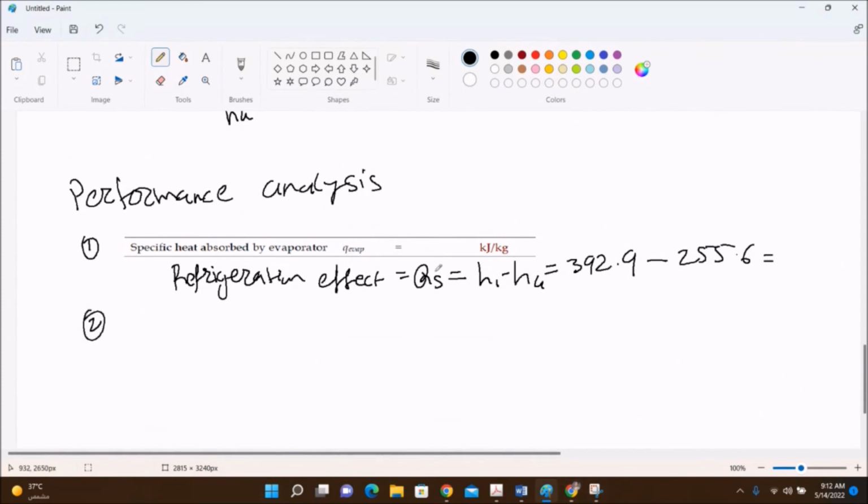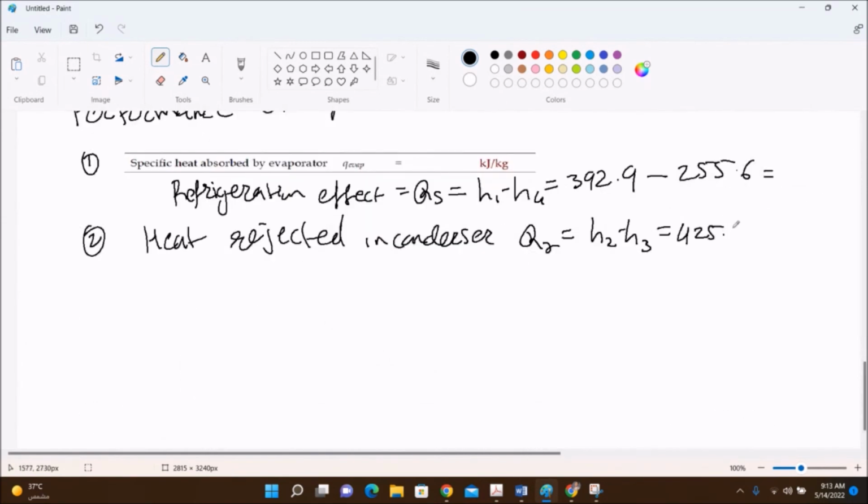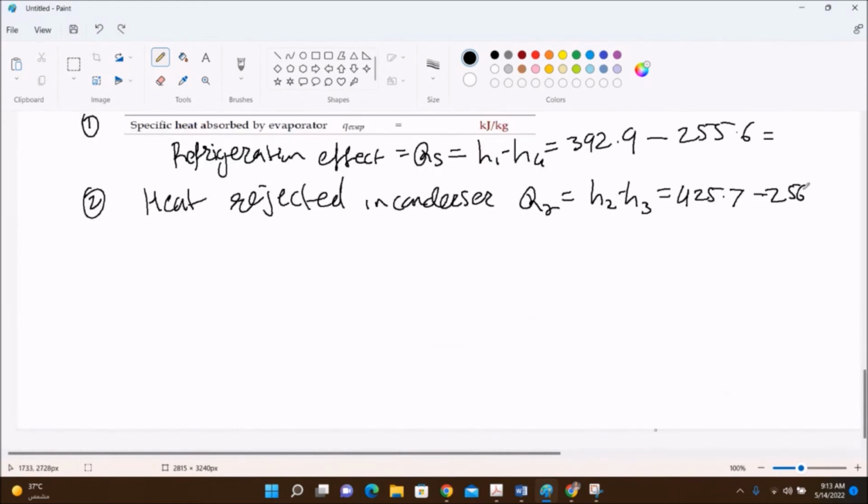Number 2, heat rejected to atmosphere in the condenser. So where is the condenser? QR is between 2 and 3, so H2 minus H3. So H2 is 425.7 minus H3, 255.6. Okay, so we'll write the answer here.